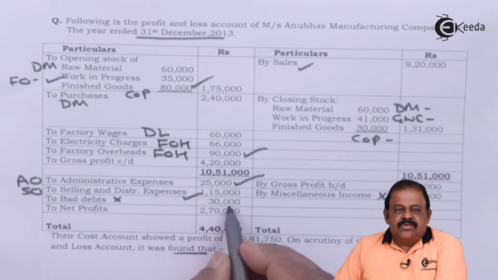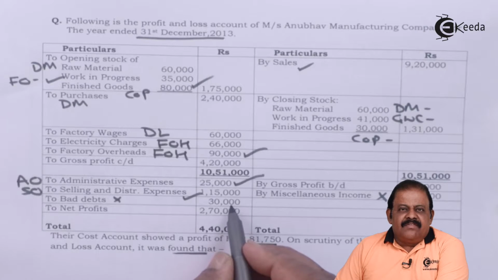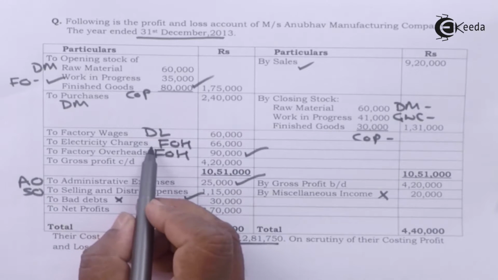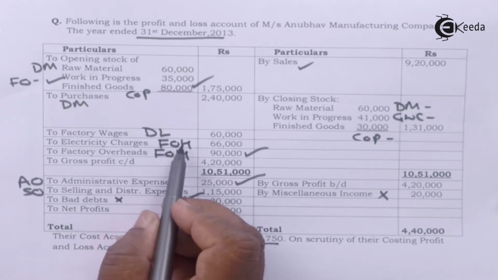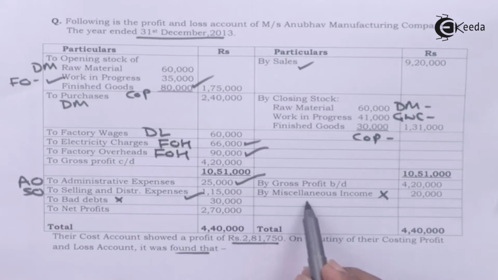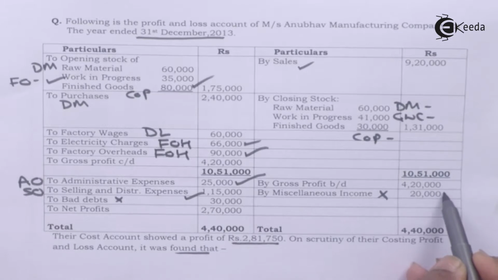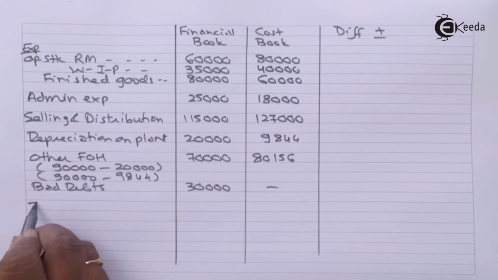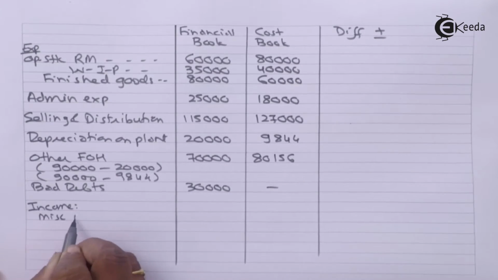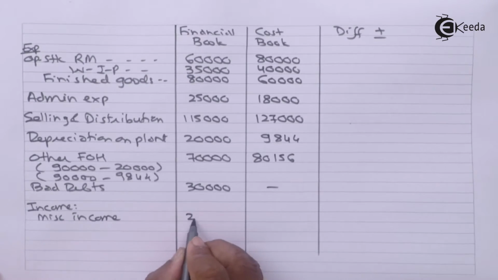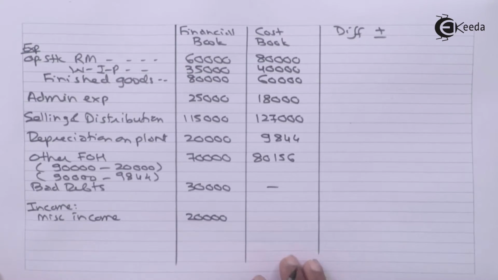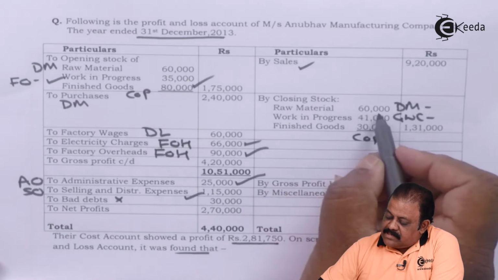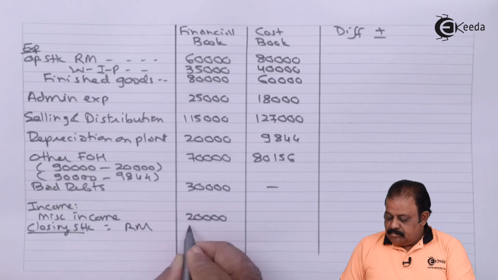Bad debts 30,000. It is recorded only in financial book. Electricity charges can be treated as direct expense in both the books, 66,000. Now miscellaneous income 20,000. It's an income which is recorded only in financial book. Closing stock of raw material 60,000 as per financial book.